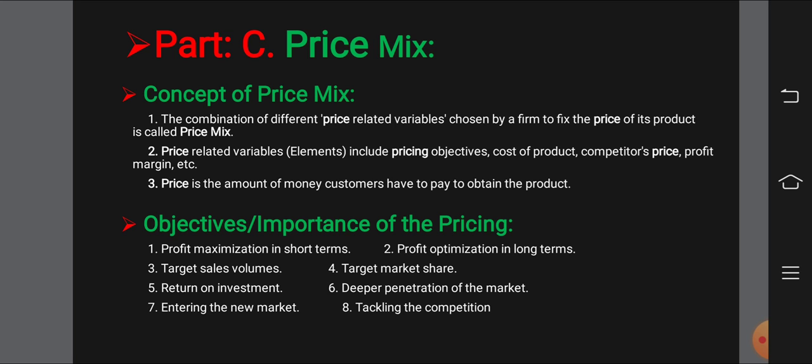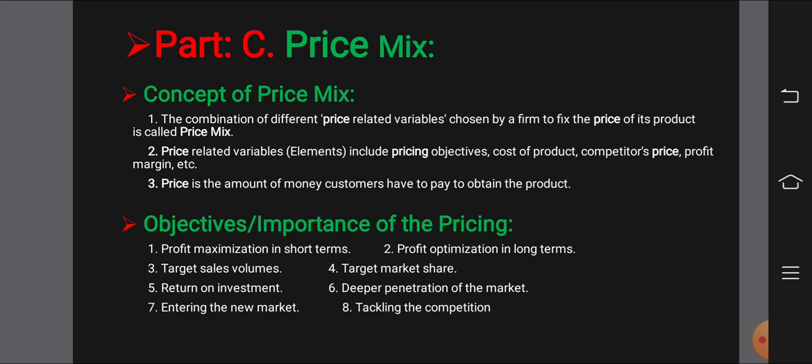Now this price is determined using different elements, which may also be termed variables. These are: the pricing objective of the firm, the manufacturing cost of the product, the price policies used by competitors, and the expectation of profit, sales revenue generation and profit margin of the organization.